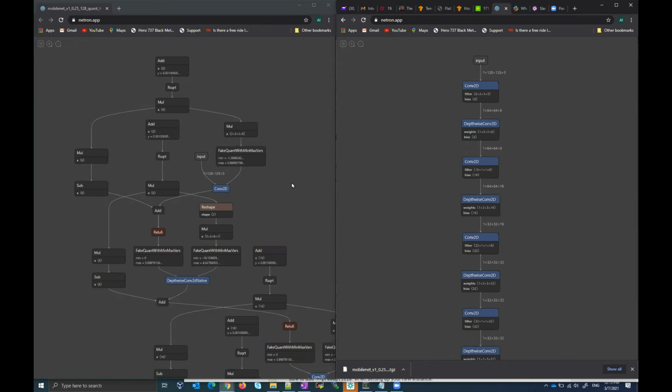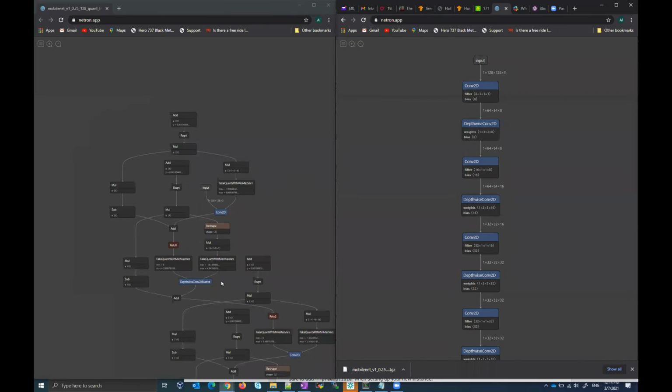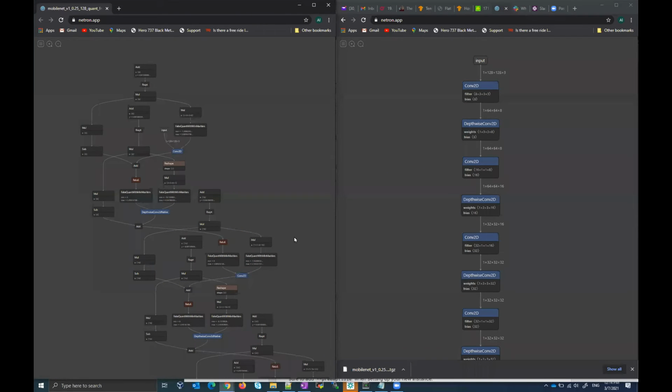But if we just see the Conv2D, the depth-wise Conv2D and the other layers on the left-hand side of the figure, if you can just zoom out on this, is there a way to convert the form on the left-hand side figure to the right-hand side form?